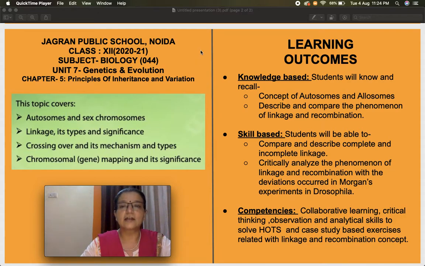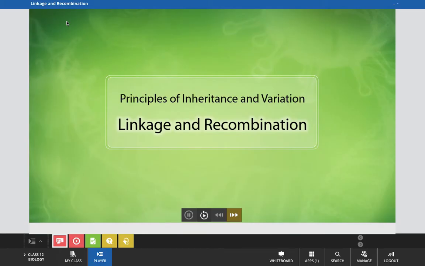Now let's start with today's class. In this class of principles of inheritance and variation, we will focus on the concept of linkage and recombination, which is also one of the important phenomena related with the principles of inheritance.